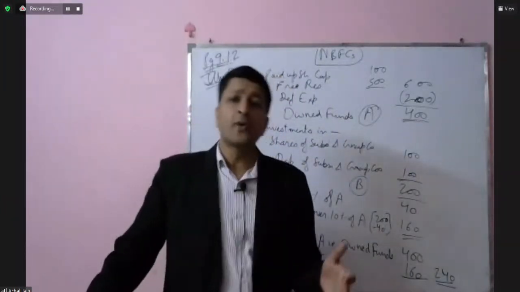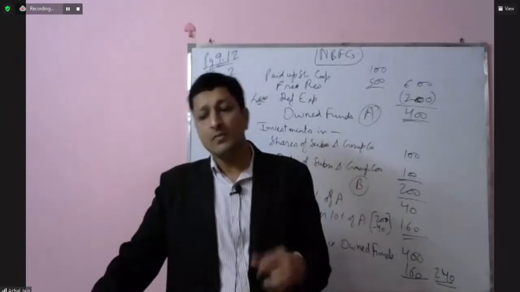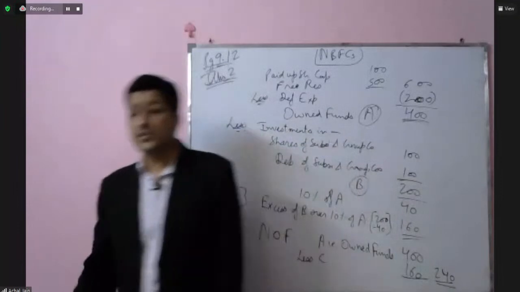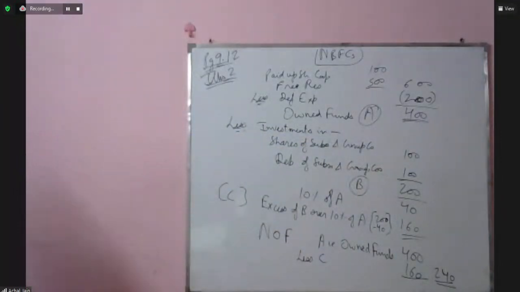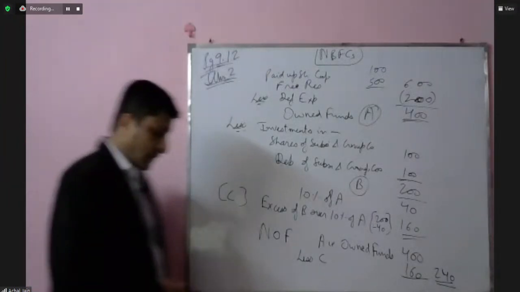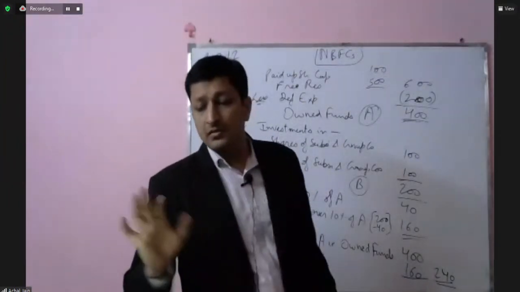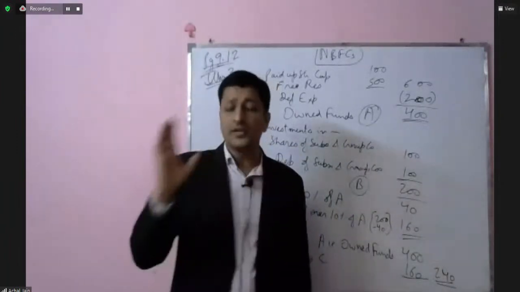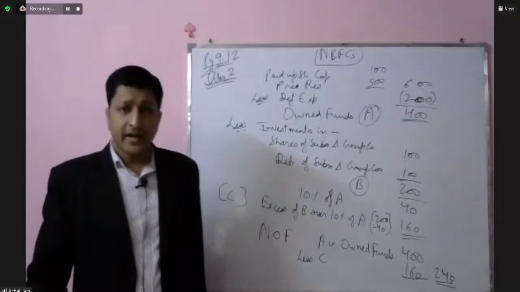But in respect of performing assets, it will be recognized on accrual basis. If any income has already been recognized on any asset which is an NPA, but that income has not been realized, then such income is required to be reversed. Again, the same thing which we saw in case of banks. Correct?